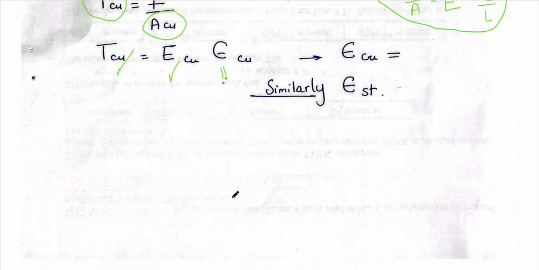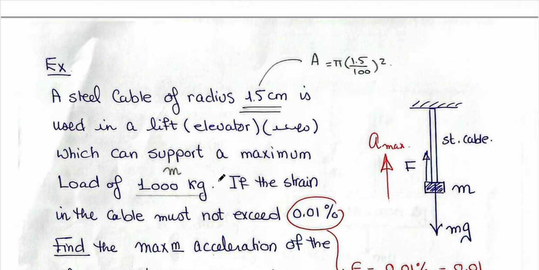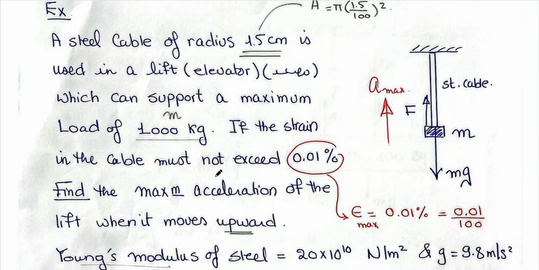Let's see another example. This example states that in an elevator or a lift, a steel cable is used. This is an elevator, and this is a steel cable connected to the ceiling and carrying the mass of the elevator. The radius of the cable is given, so I know the area of the cable.